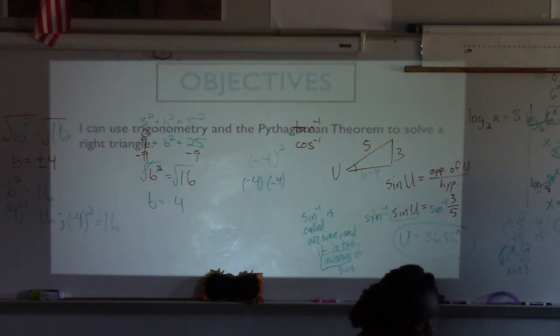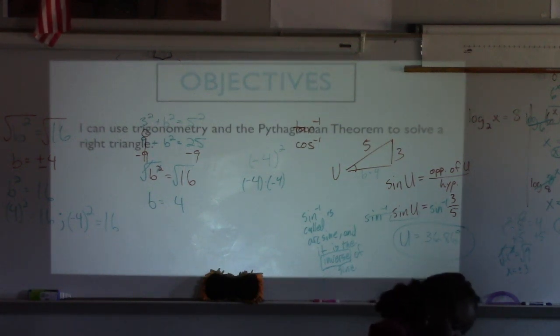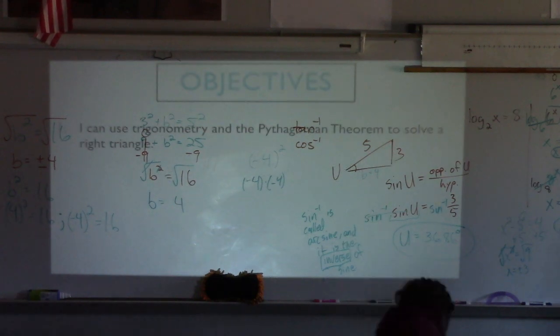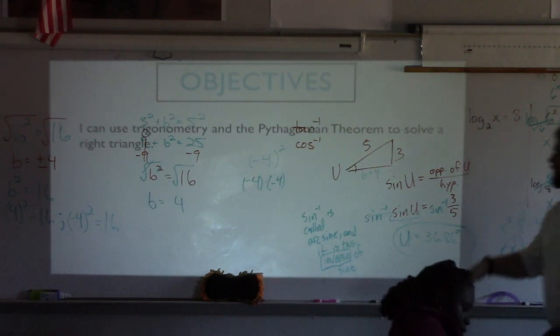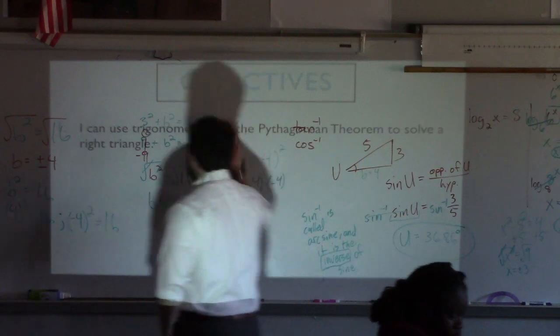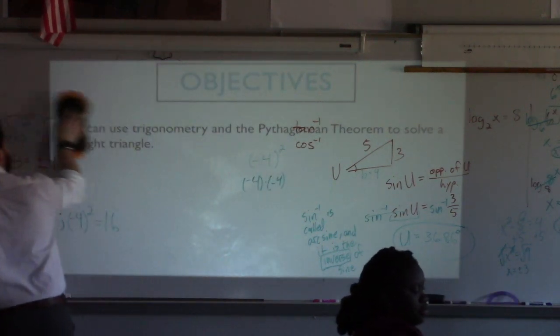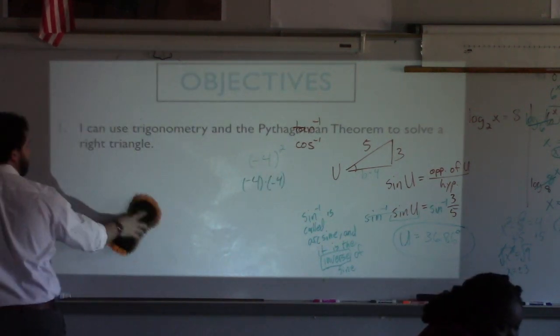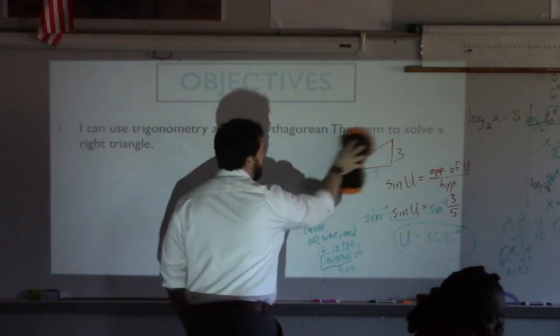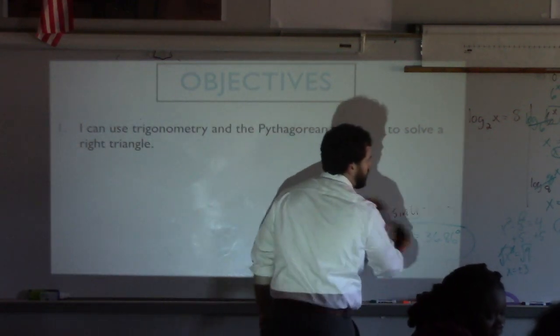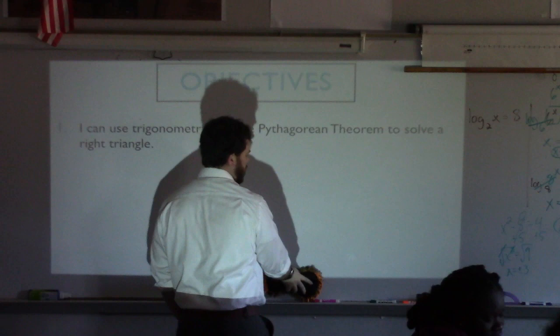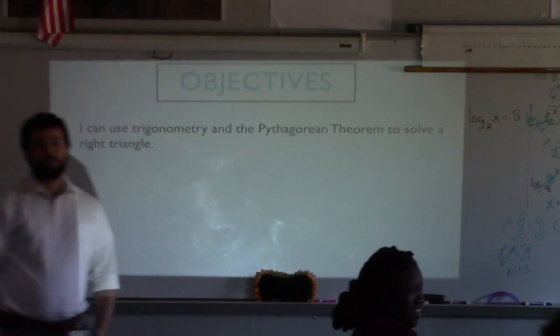It's a different task, different package. By the way, I do want to point this out. Look at your objectives again. What are we going to use to solve right triangles? Pythagorean Theorem and trigonometry.